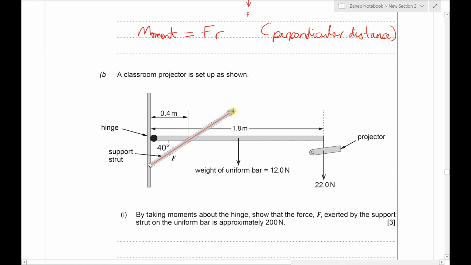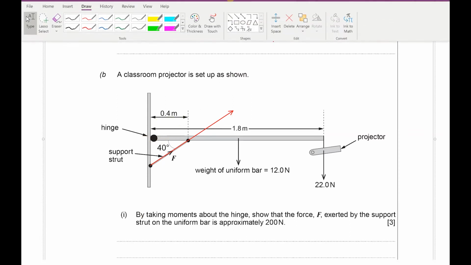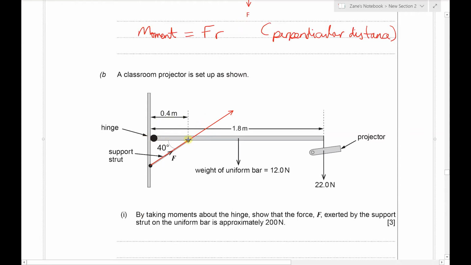If I extend it that way a little bit, we've got to remember that when we're taking the moment of a force, this force F needs to be perpendicular to this 0.4 meter distance. So what we would do here is resolve the force into this direction here.